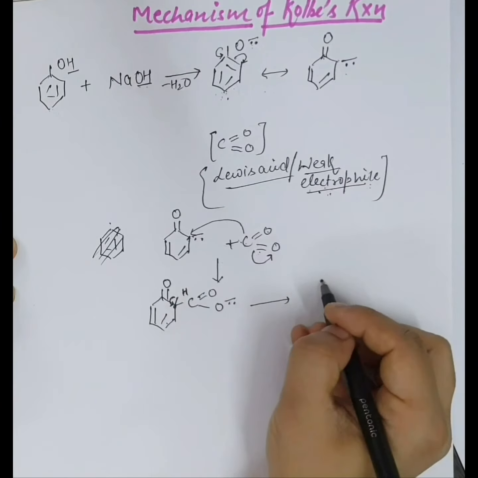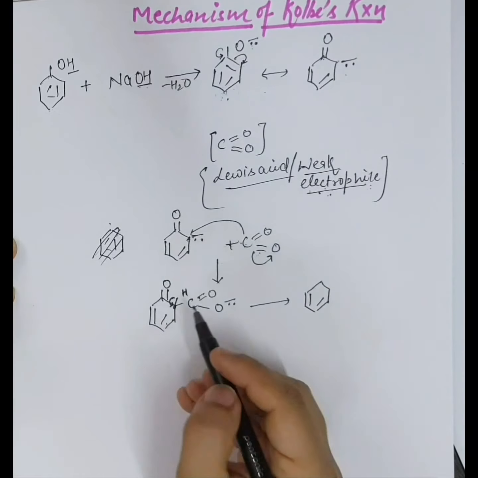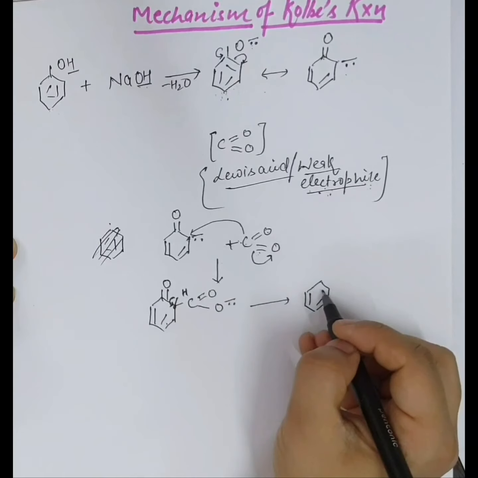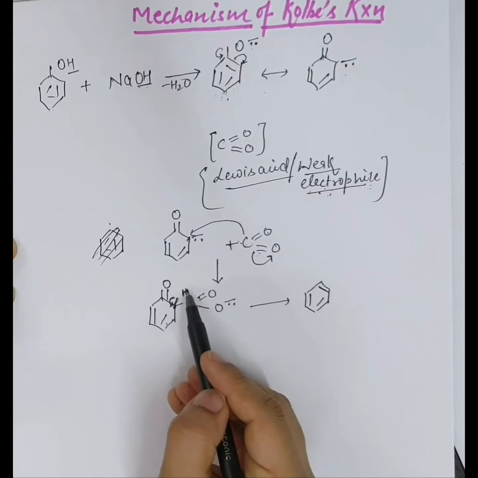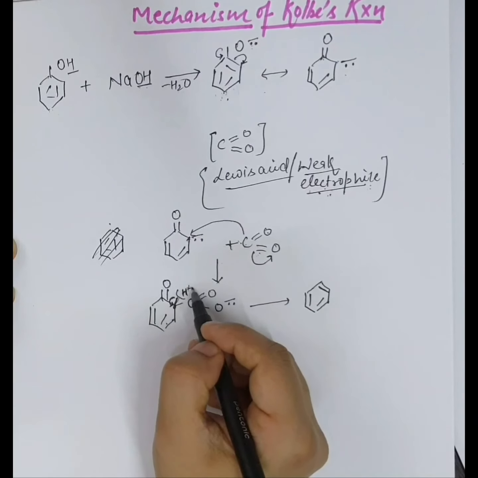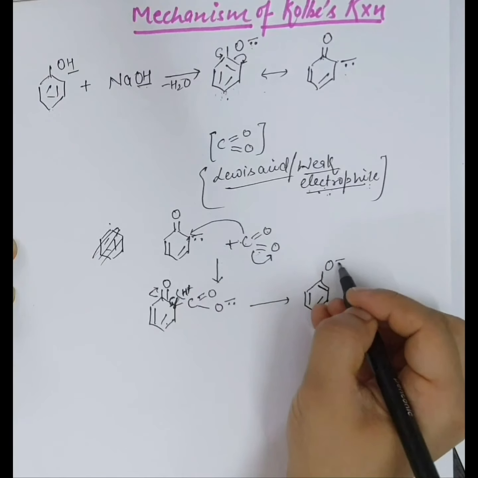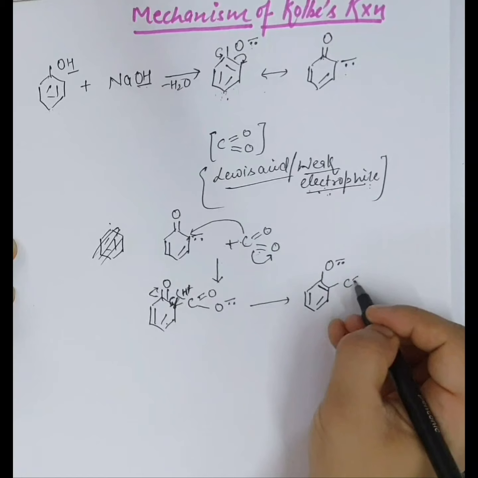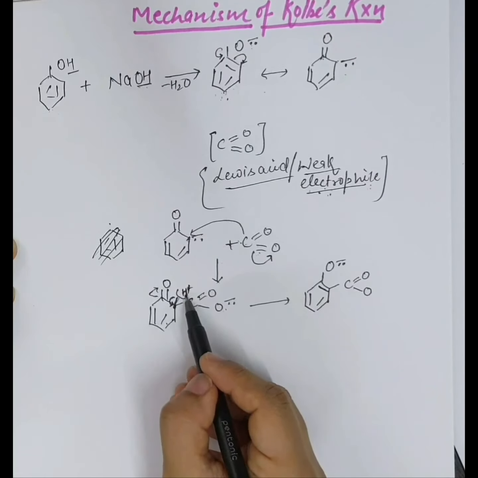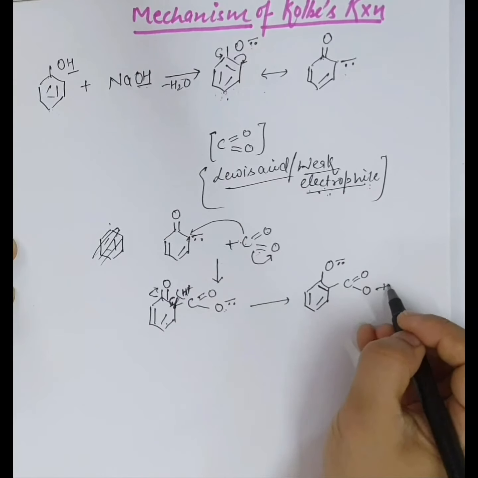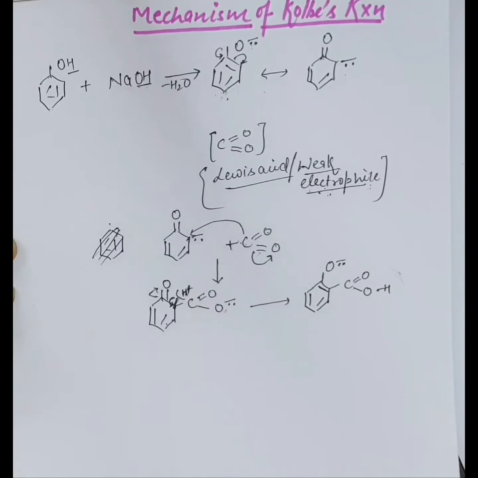In the next step, these two bonds remain the same, and there will again be a double bond, because this bond will break, H plus will be released from here, and oxygen will again retain its negative charge, with C double bond O. As there is a negative charge on oxygen, this H positive will be attached to this oxygen atom. So the COOH group will be formed at the ortho position.